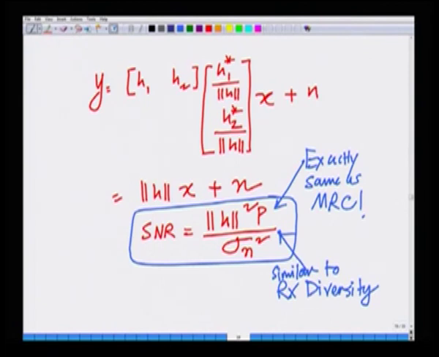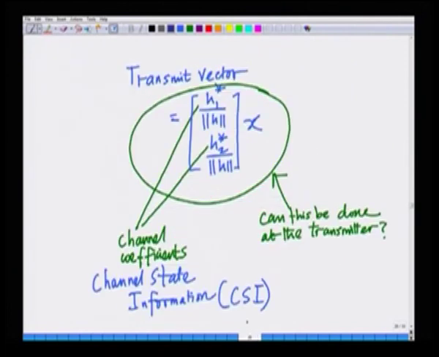You observe that using this scheme, the SNR at the receiver is norm h squared P over sigma n squared. So, I am getting the complete diversity order, which is diversity order 2. However, the catch in this system is that these channel coefficients h1 and h2 need to be known at the transmitter for this scheme to work, and that is not possible frequently in a wireless communication system.